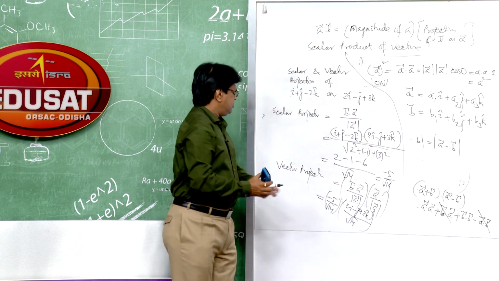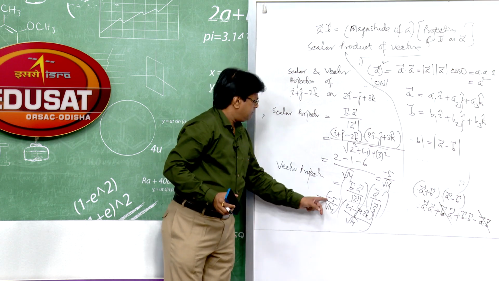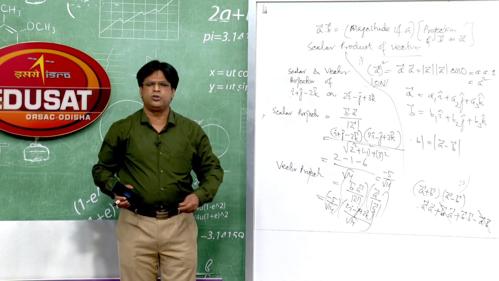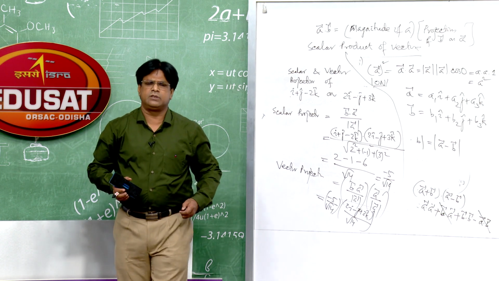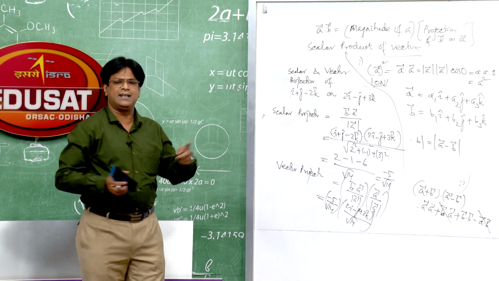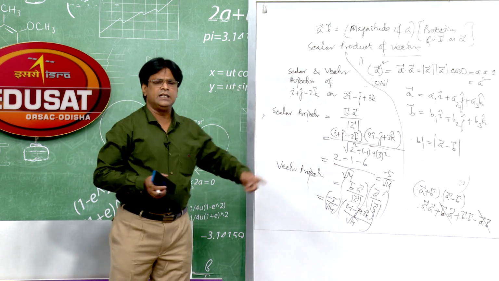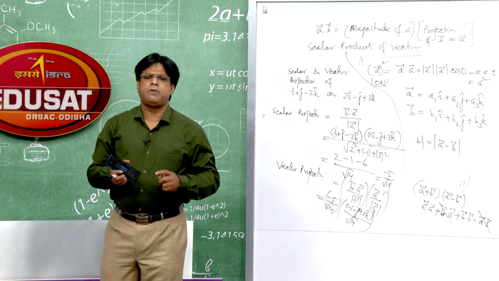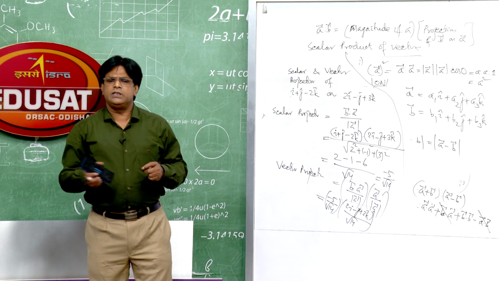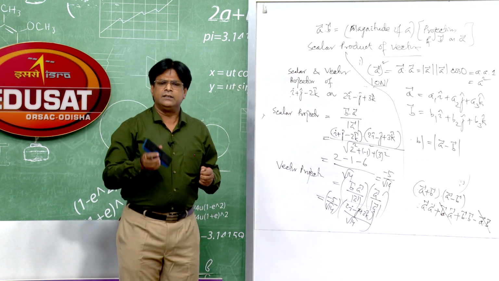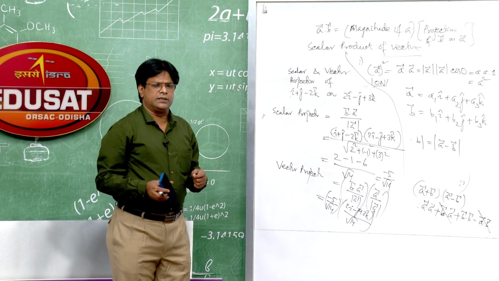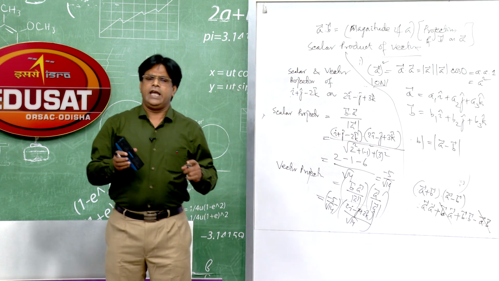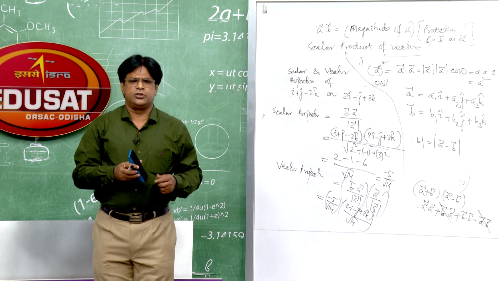So this is minus 10i plus 5j minus 15k divided by 14. This is your vector projection, because vector projection is a vector, but scalar projection is a scalar quantity. To find the angle between two vectors, you only have to find the dot product of these two vectors and divide by the magnitudes of these two vectors, because cos theta is equal to A dot B by A magnitude into B magnitude.